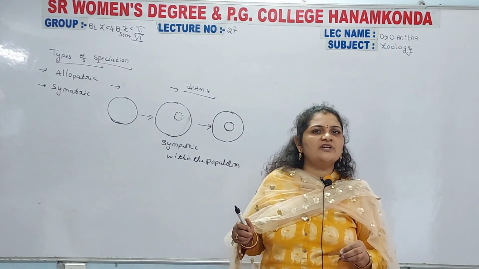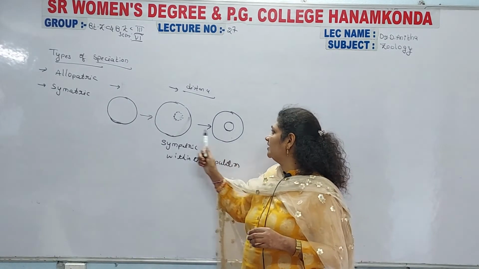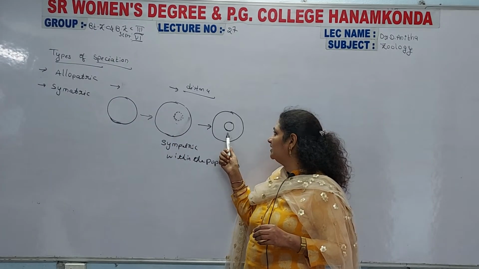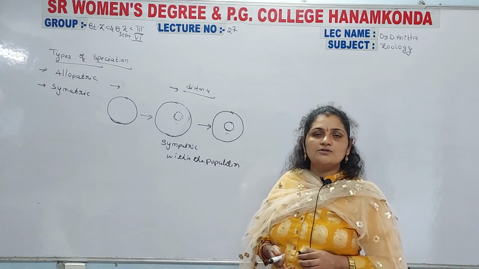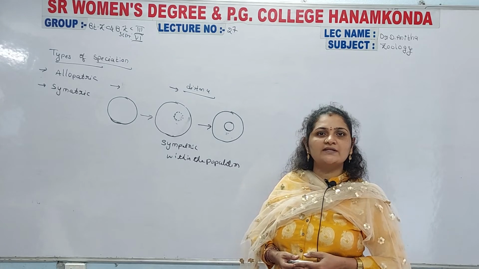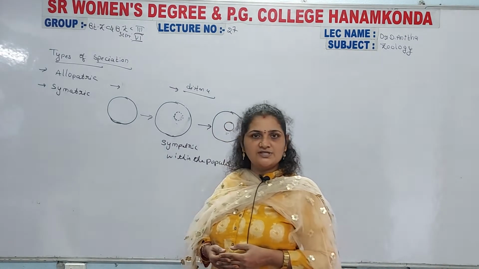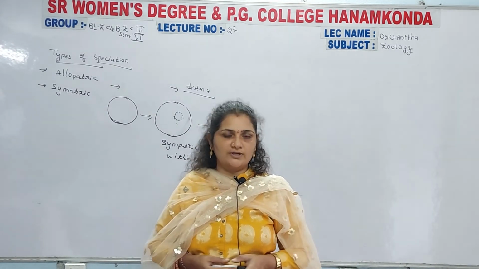That is the main variation between allopatric and sympatric speciation. Within the range the population got separated and converted into a new population. Due to these reasons a new population and new organisms develop through allopatric and sympatric speciation. That is mainly the concept of species, and speciation is over.